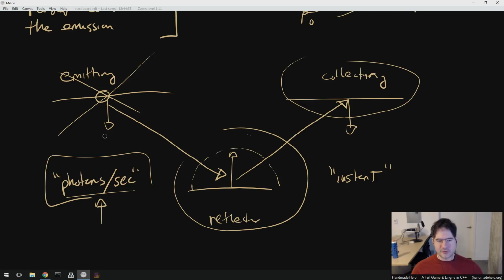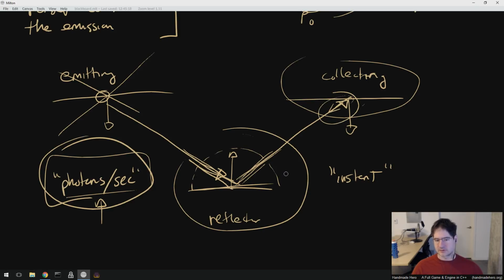Well, photons per second is the thing that we could keep. If we know the photons per second that were inbound here and coming out this way, that were transiting this bounce, just this one bounce, the photons per second for that bounce would tell us exactly what we needed to know to figure out how many photons per second are getting collected at this collector.